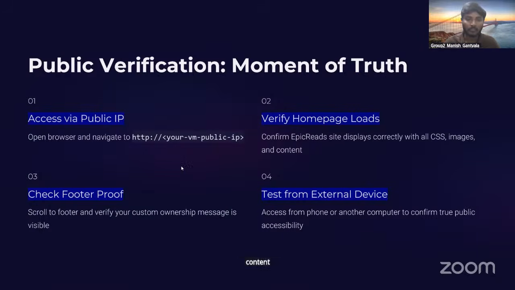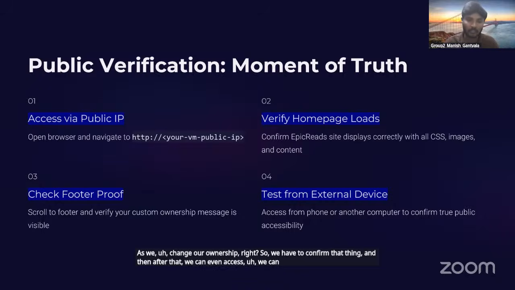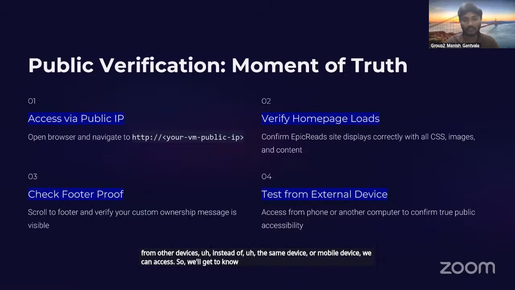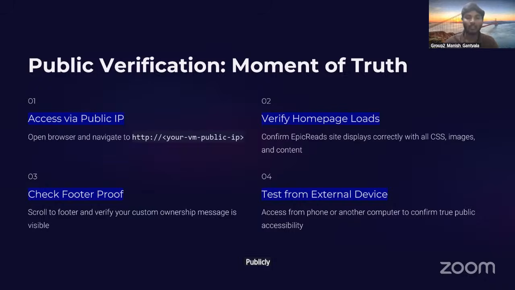We have to check the footer as proof that we changed our ownership. We have to confirm that, and then we try to access it from other devices, such as a mobile device, instead of the same device. So we'll get to know it is accessible publicly via a web browser.